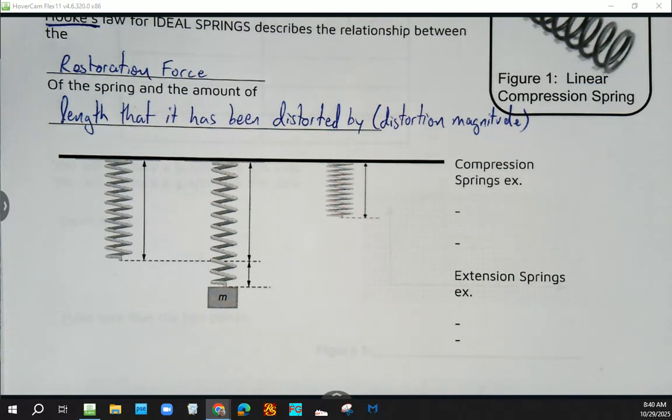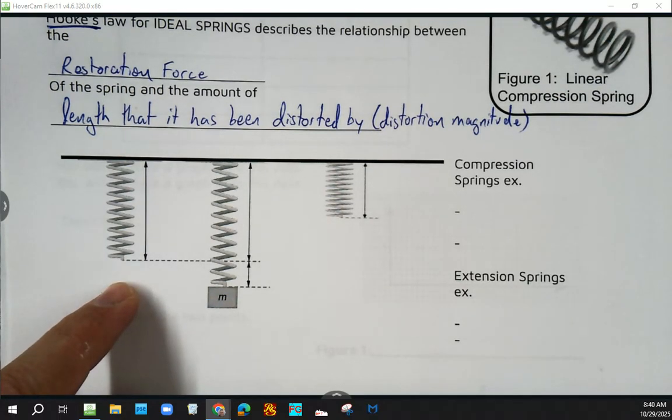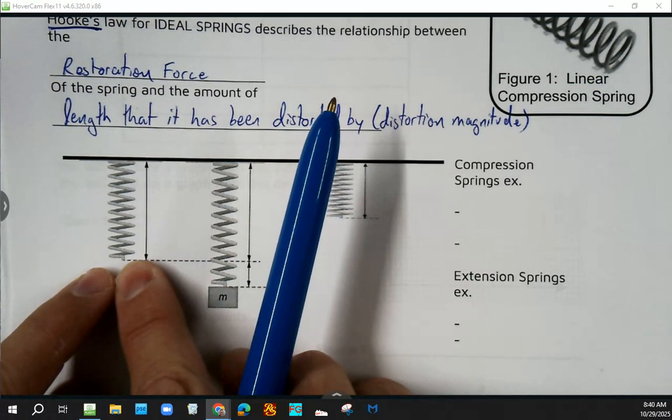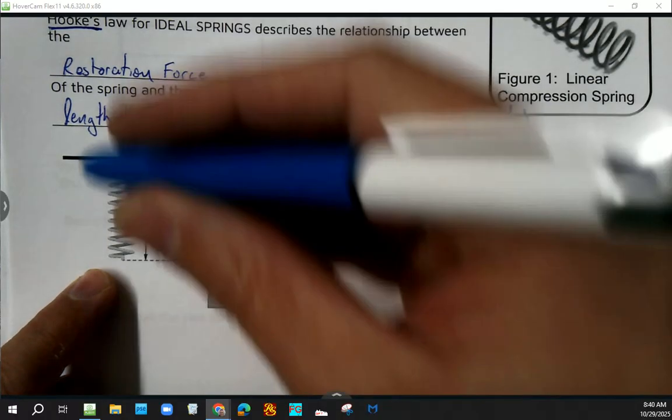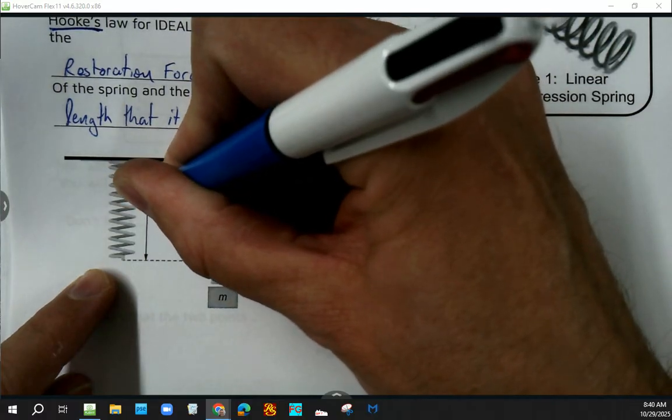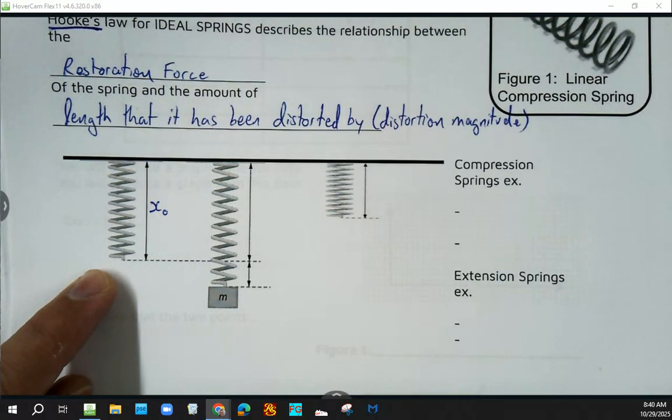If you're in the room with me right now, then there's a spring with a couple masses hanging off the ceiling. Before I put the masses on, the spring was just hanging kind of limp like this. We call this the undistorted length. And so I'm going to label it x naught, x sub 0.